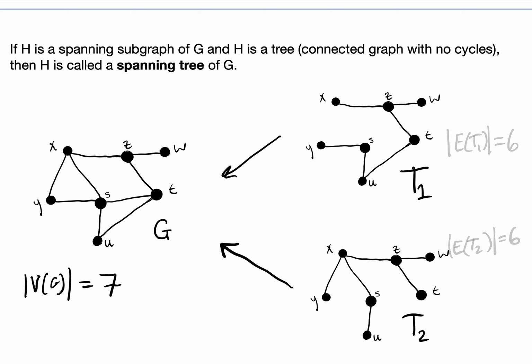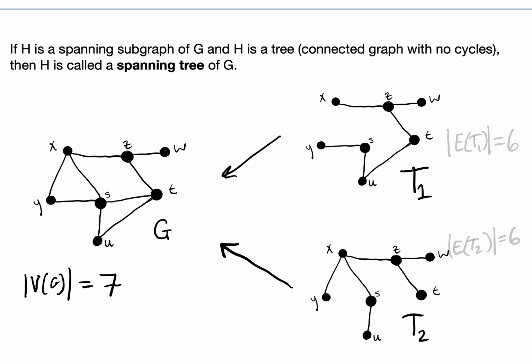And so now we can think about which of these trees is smaller than another in terms of its total weight. So in this example, the weight of the graph T1 is the total sum of its edge weights. So the sum of its edge weights is 4 plus 2 plus 6 plus 5 plus 1 plus 3.